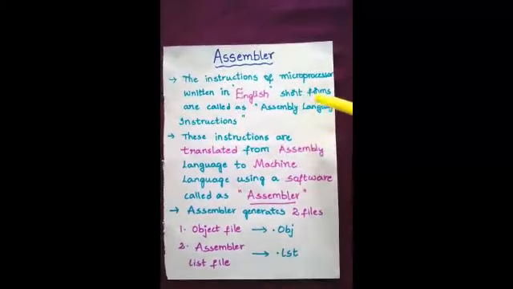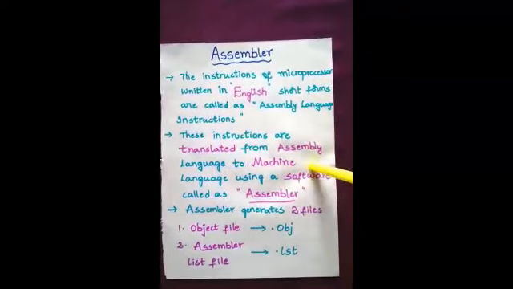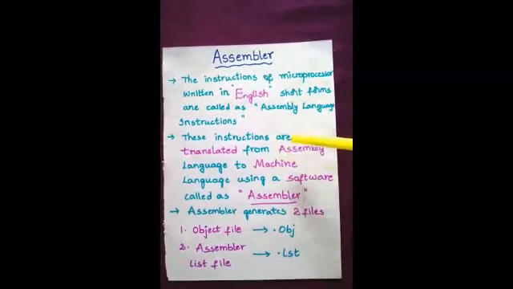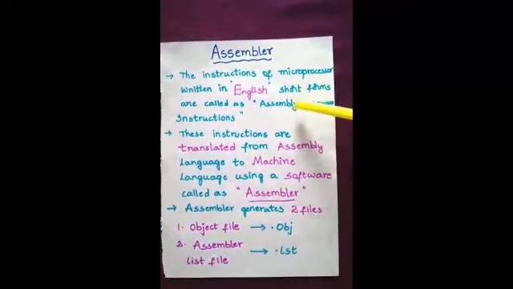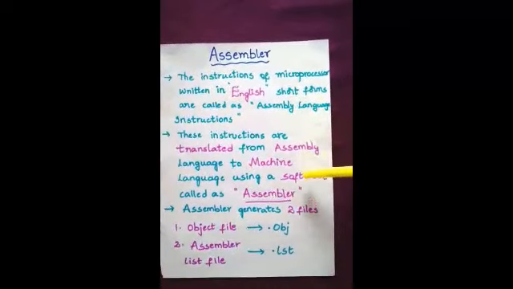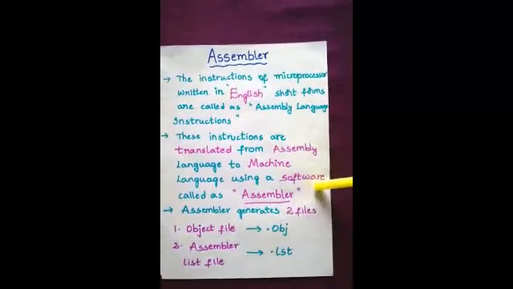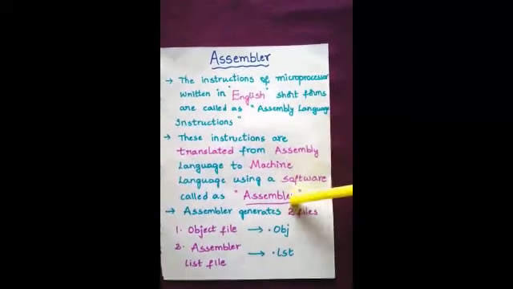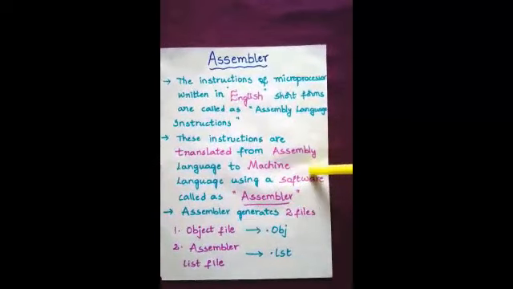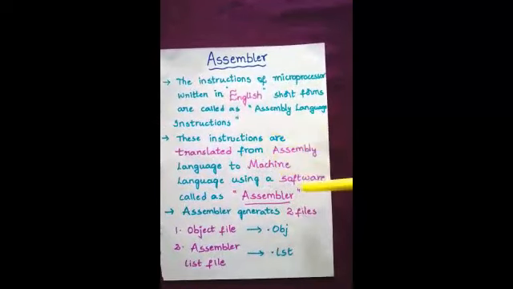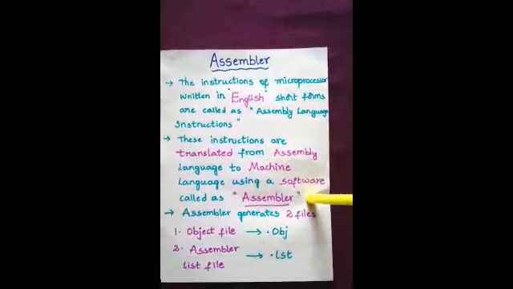These instructions are translated from assembly language to machine language. I repeat it: these instructions which are written in English short form are translated from assembly language to machine language using software called an assembler. So the software which is used for this translation purpose is called an assembler.